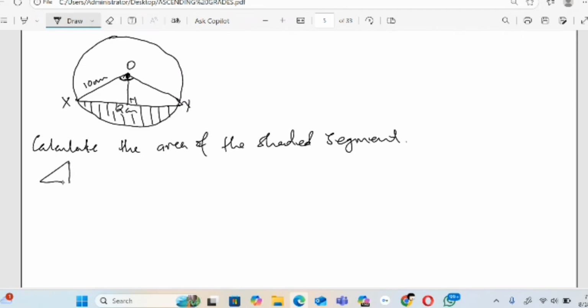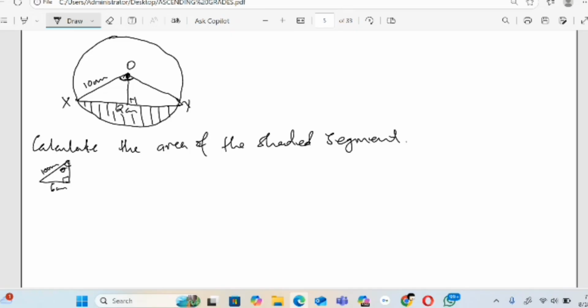From here to here is 12, therefore from here to here is 6 centimeters. Then ON we are not given, but we are given the radius, which is 10 centimeters, that acts as our hypotenuse. Then we look for this angle theta, so that whatever we get, we multiply by 2 to give us the angle x or y.